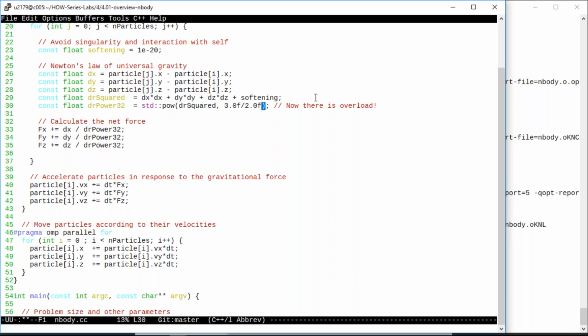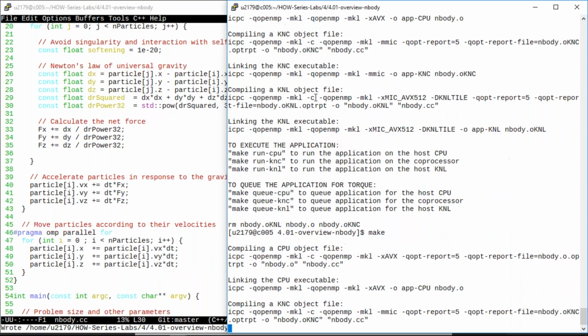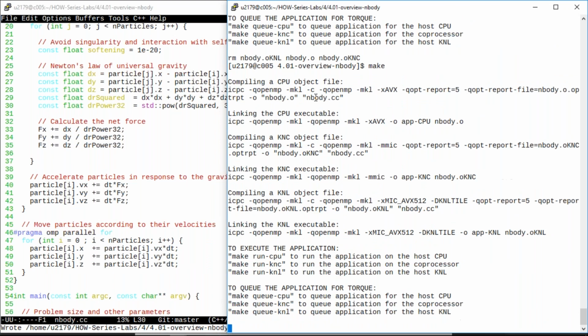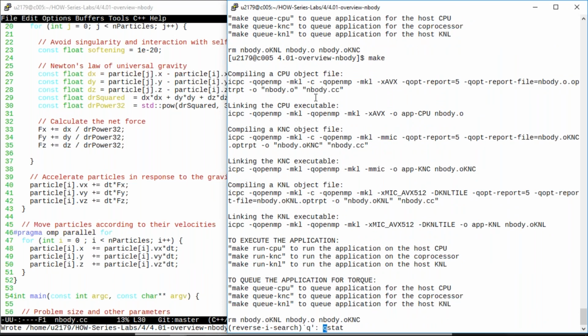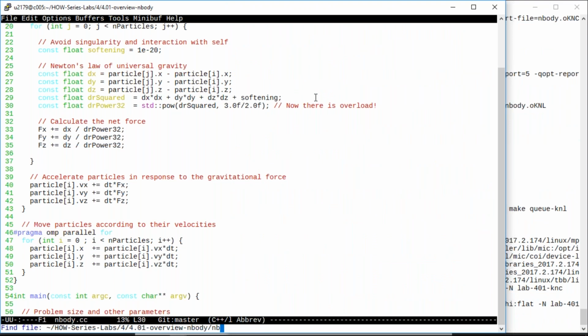Well, let's see what that does. Recompile. I will actually submit it to the queue while I take a look at the optimization report.